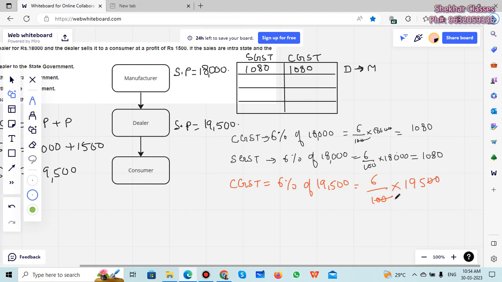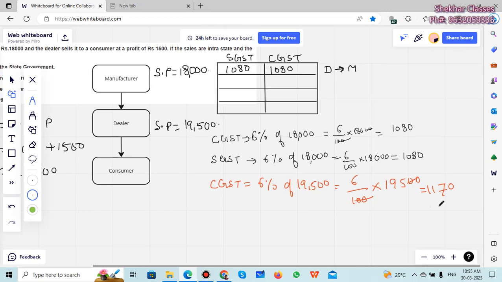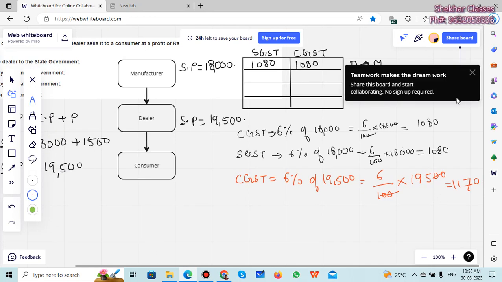These two zeros got cancelled, so you multiply: 6 5s are 30, 6 9s are 54, 54 plus 3 is 57, 6 1s are 6 plus 5 is 11. So 1170 is the amount of CGST for him.